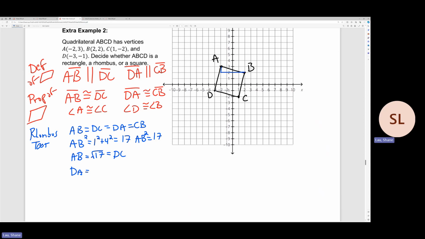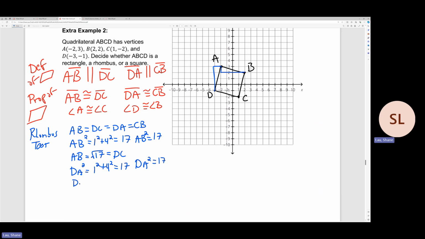We want DA, which is this blue segment here, or this blue triangle here. Set up the same way, 1 squared plus 4 squared. Don't forget c squared for DA. And this is going to equal 17 again, which leaves us to say that DA squared equals 17.